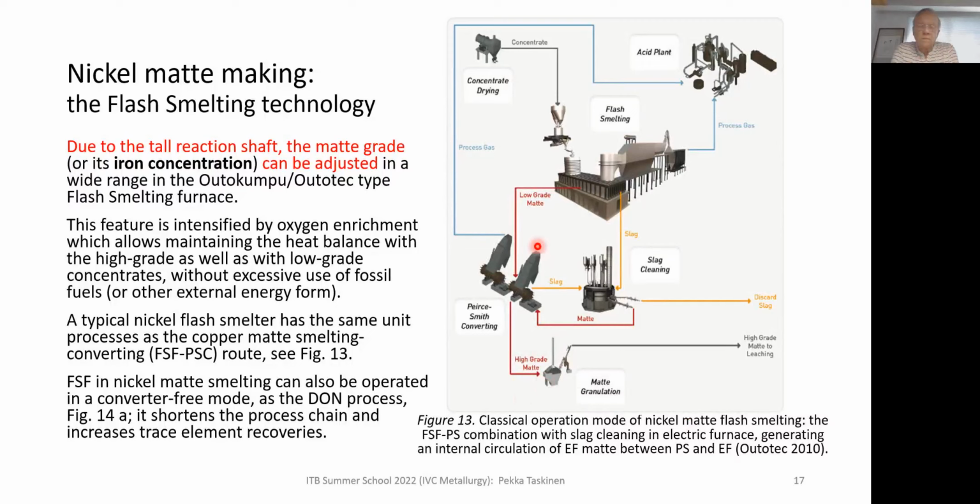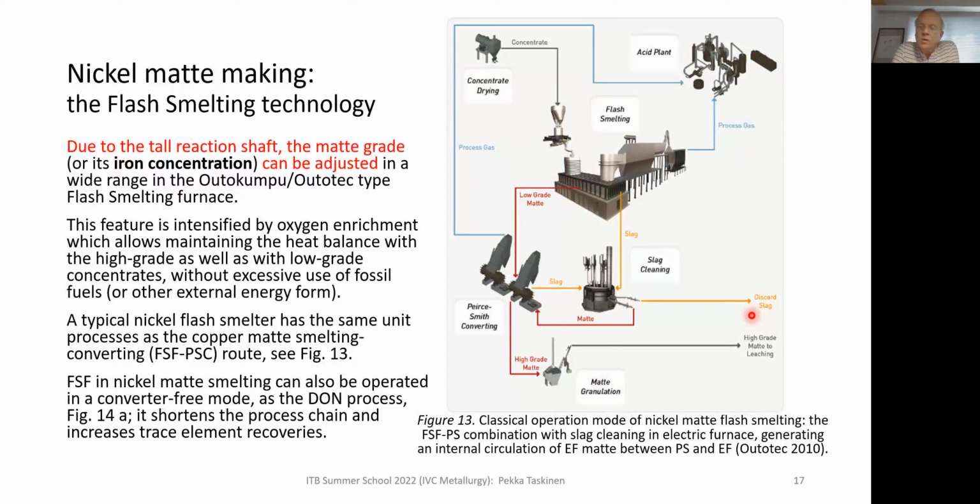What happens with the slag coming from the flash melting furnace? It will be cleaned in an electric furnace together with the slag coming from this Pearce-Smith converting step, and as a result of that slag cleaning, we have discard slag, which in some countries, including Finland, is actually used for other purposes.